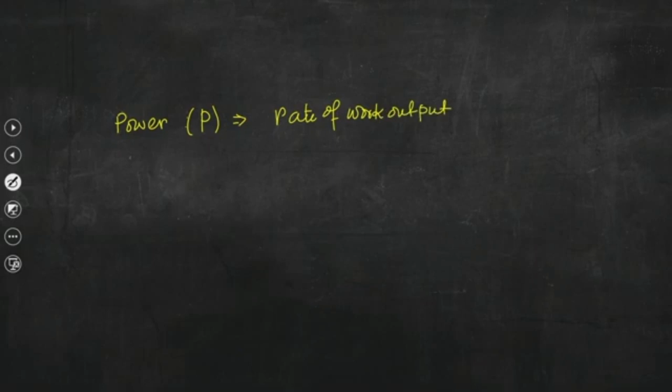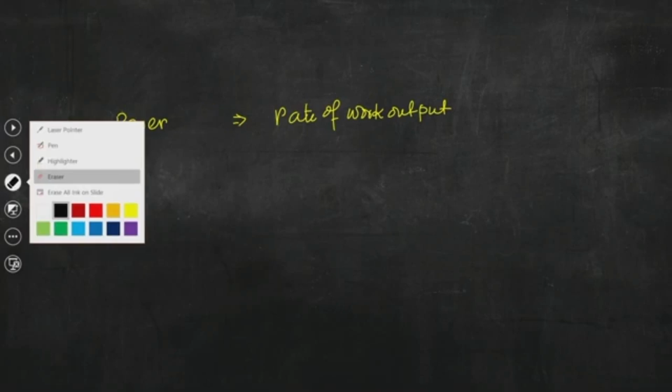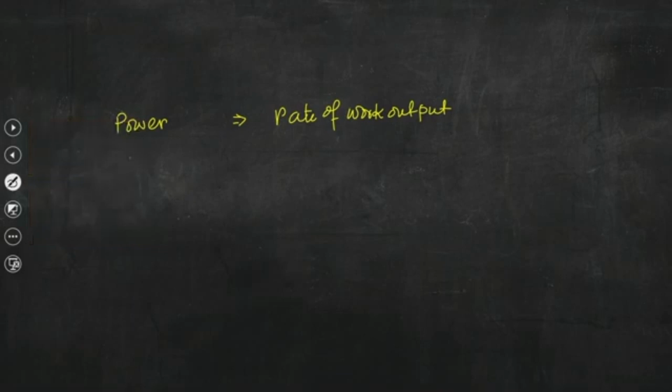Right, power is the rate of work output, the word rate I am using. So, we can write this as W dot.